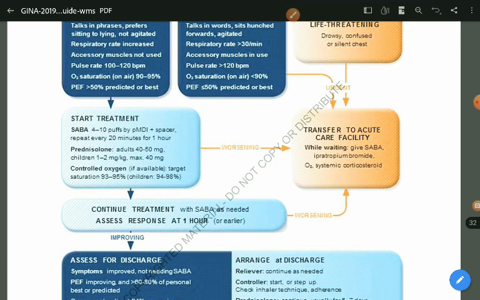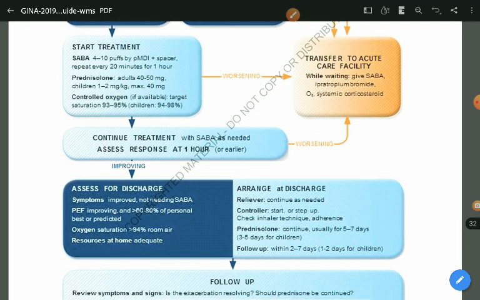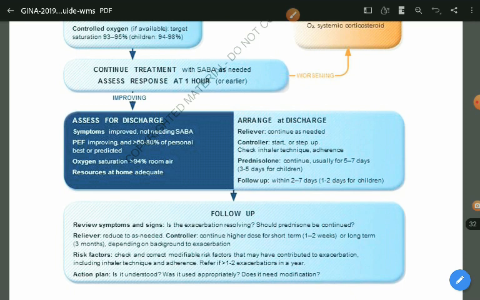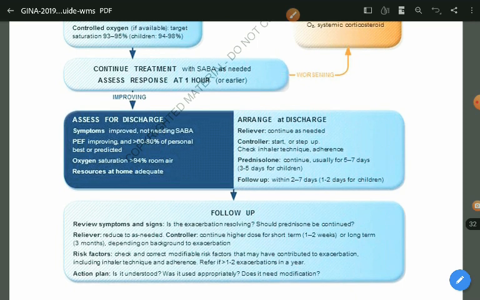Then for the mild form, we continue treatment with SABA as needed. Then assess response at 1 hour or earlier. If worsening, proceed again to treatment and transfer to an acute care facility. Then we do our maintenance guidelines for our treatment.